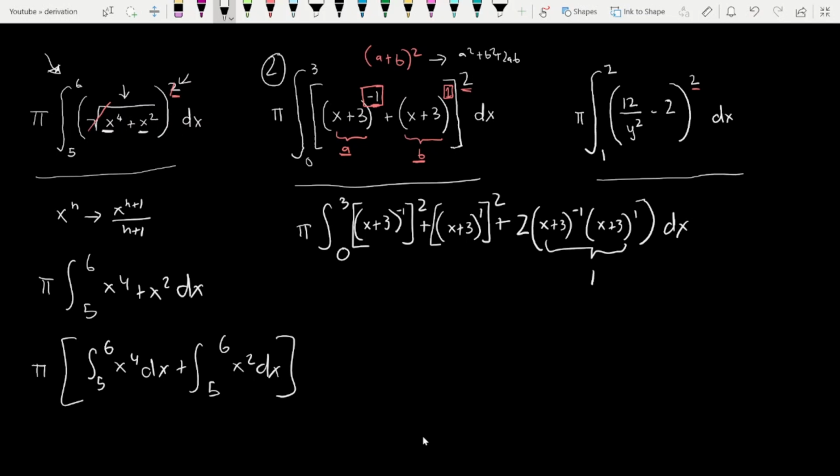Why? Because you can see this is x plus 3 right over here. This is x plus 3. It's raised to the power -1. This is x plus 3. It's raised to the power 1. So the bases are same. This right here is the base. That right there is the base. Both of those things are being multiplied, and they have powers that have opposite signs. So it's negative over here. It's positive over there.